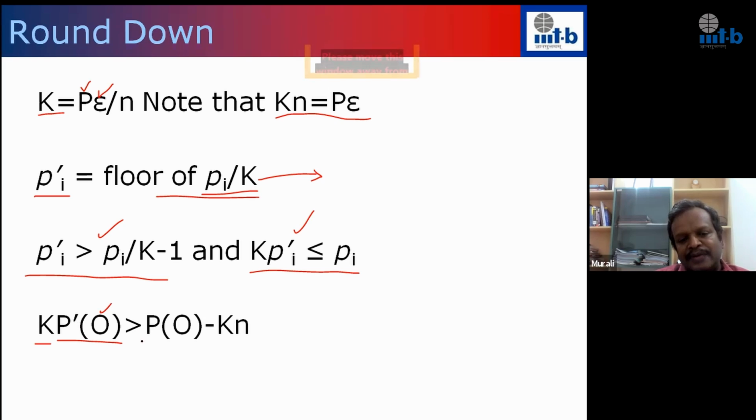Here P of O essentially means the sum of all the items with the original profits. And the number of items in O will always be smaller than n. So from here this equation straight away follows. If you take the sum over all the items in the optimum solution, on the left hand side you get this, and on the right hand side it will be n times k, which is at most the number of elements in the optimum times k, but that is anyway going to be smaller than n. So the entire expression will become greater than P of O. I'll use this equation in the next slide.